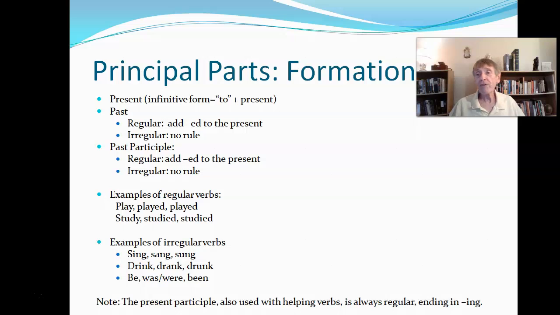If it were regular, the past would be singed. But we know it's not regular. How do we know? We just know. We've been listening to it hopefully correctly. If you haven't been hearing it correctly, you may not say it correctly typically in your speech. What I encourage people to do, especially if they have these verb problems, is to get a list of irregular verbs.